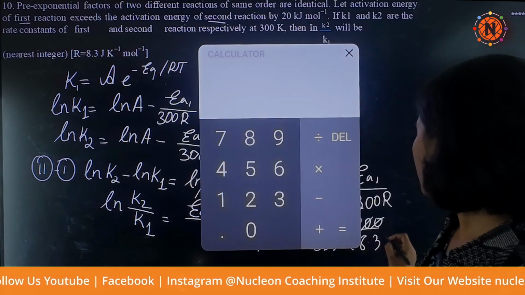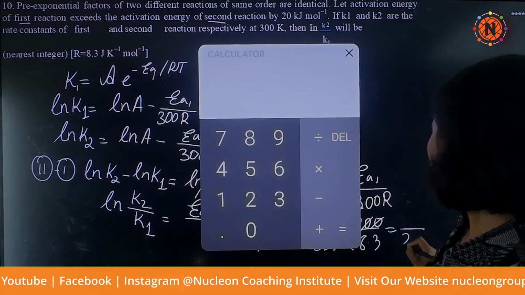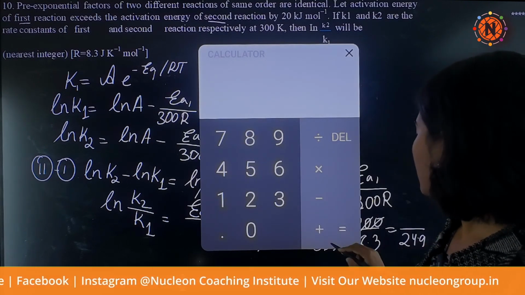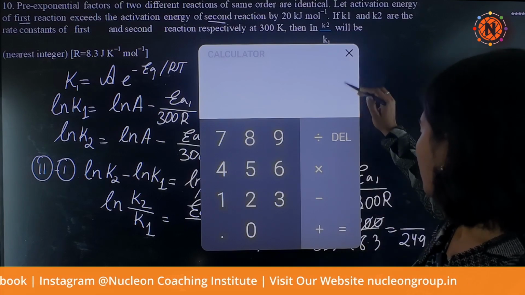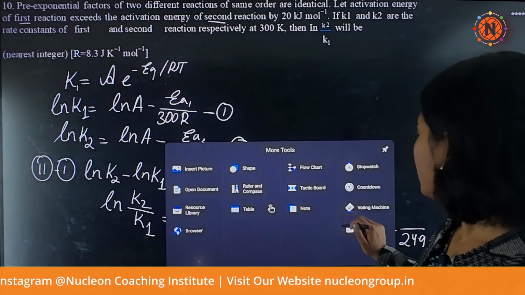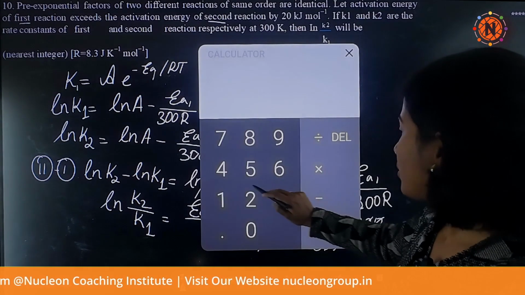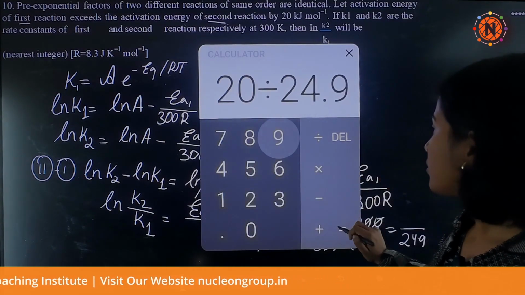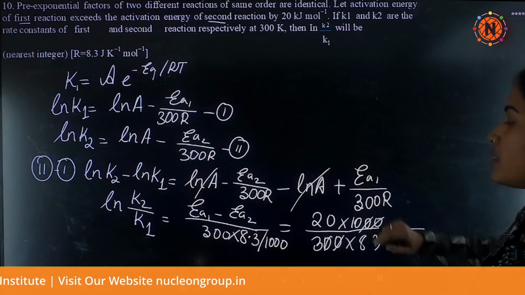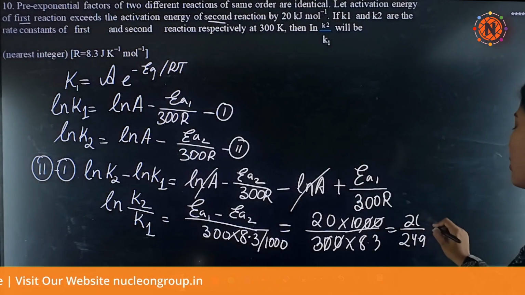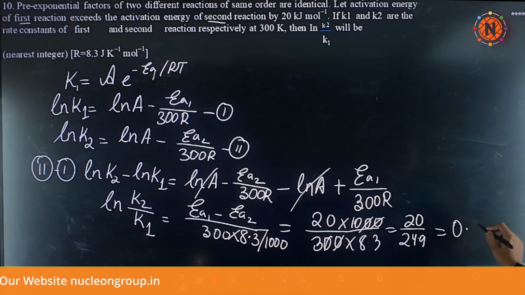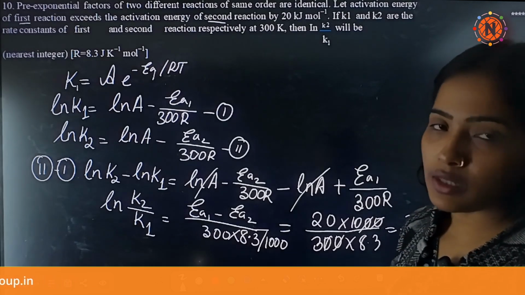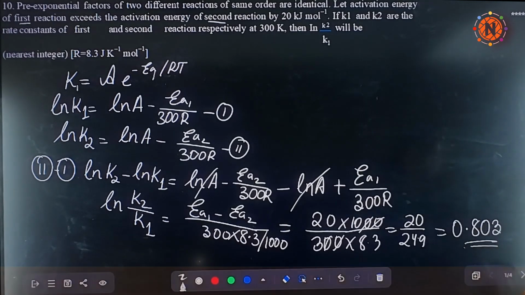So the answer here is 20 divided by 24.9, which would be 0.803. Okay, so the final answer is 0.803. So the ratio between them would be this.